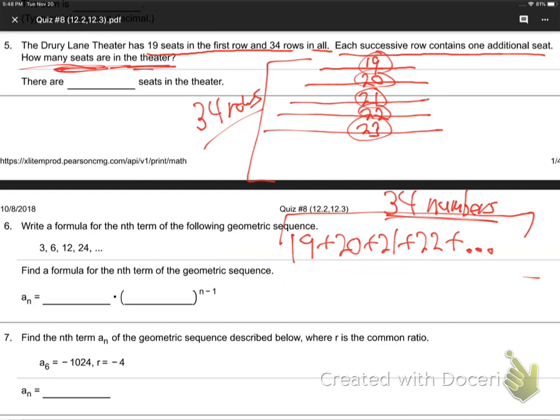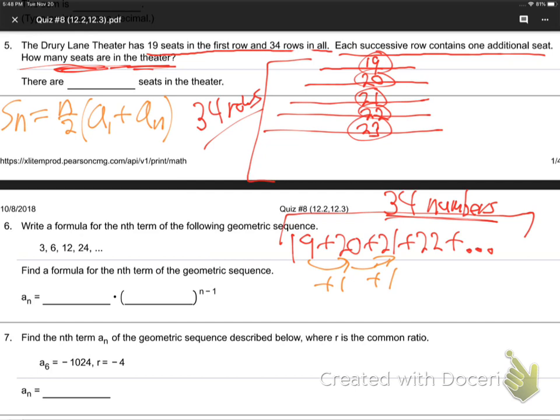Well, we got to use, that's an arithmetic sequence, right? Because it's just adding 1 every time. So going to use the S sub n formula, n over 2 times a1 plus an, okay?